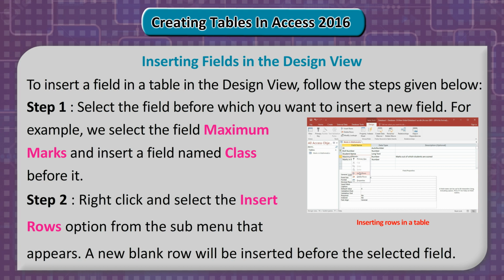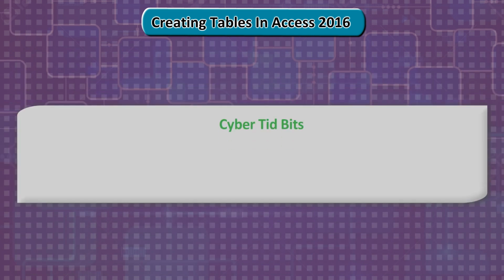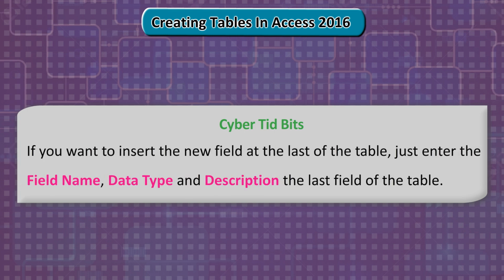A new blank row will be inserted before the selected field. Step 3. Enter the required field name, data type and description in the field. Cyber tidbits. If you want to insert the new field at the last of the table, just enter the field name, data type and description in the last field of the table.